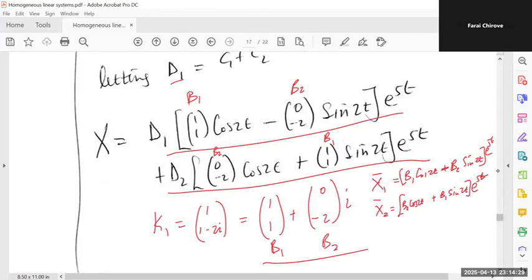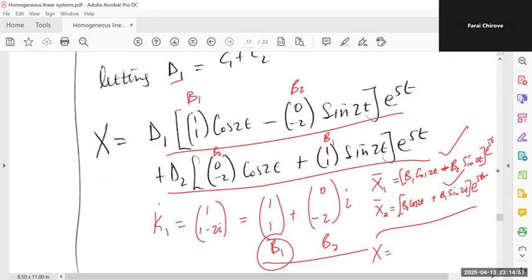And these, in general, from observation, would be the real valued solutions associated with complex eigenvalues. So that's what we are trying to observe here. It's all about observation. So basically it says if we find K1, we have already gone to a point where we can identify the real valued solution.